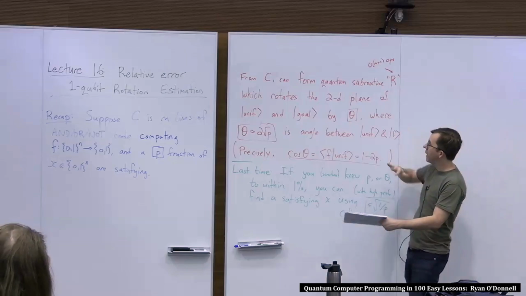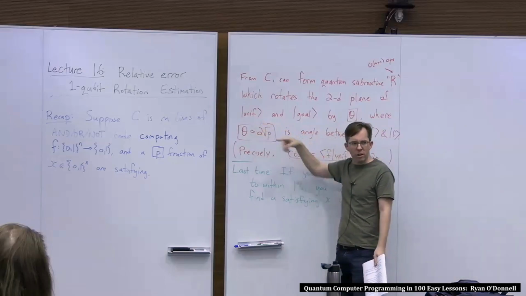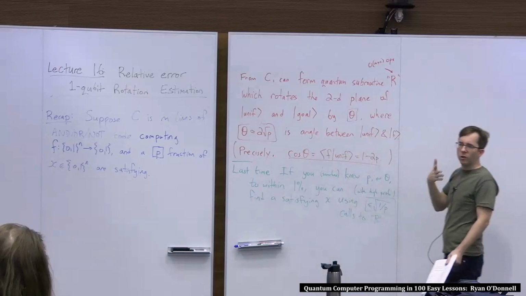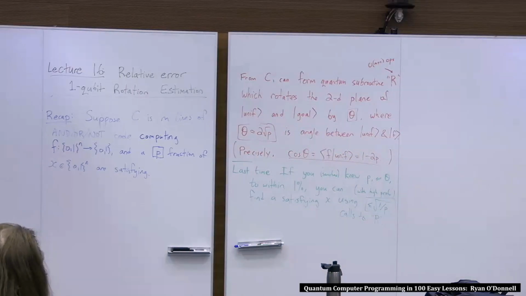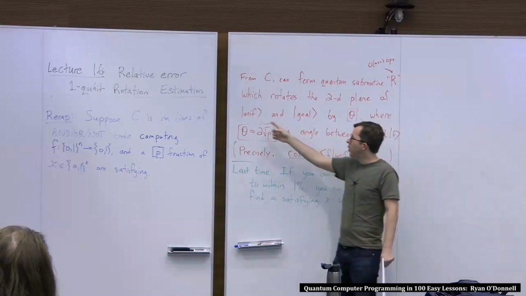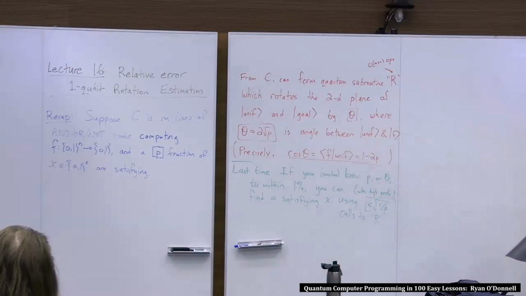Hopefully you remember these pictures. We have this two-dimensional plane somewhere in space that contains two vectors: the uniform superposition vector, which we knew how to make ourselves, and this vector goal, which was the uniform superposition over all the satisfying strings. We didn't know where goal was, so we tried to move uniform over to goal so that when we measured, we get a satisfying string.